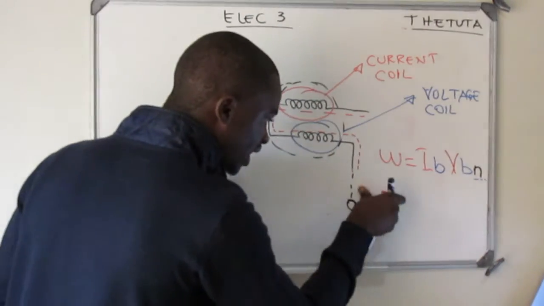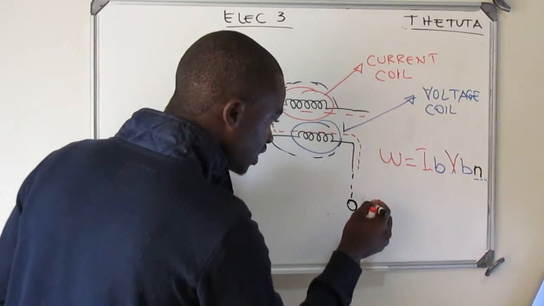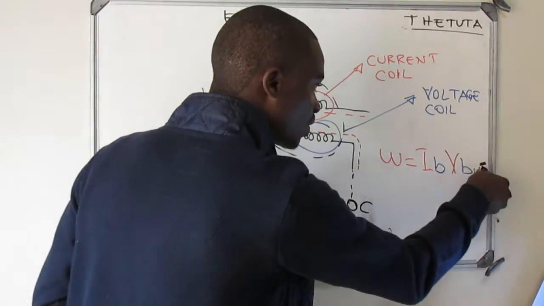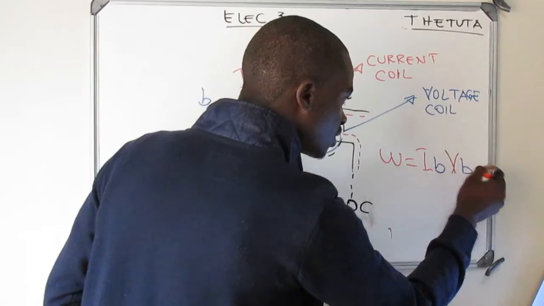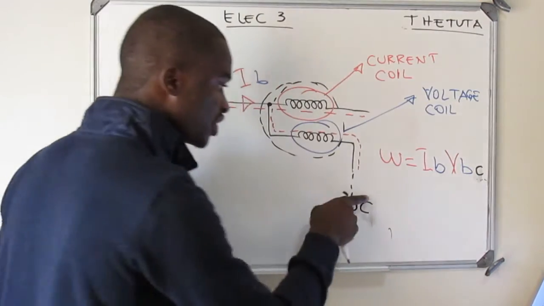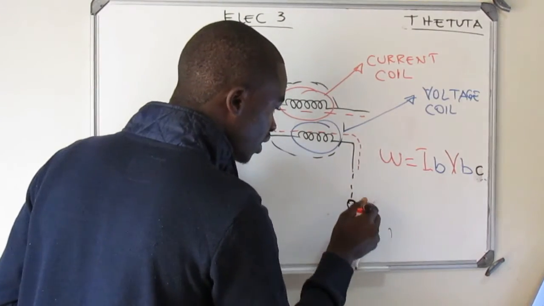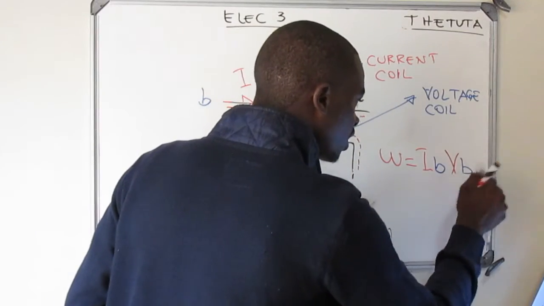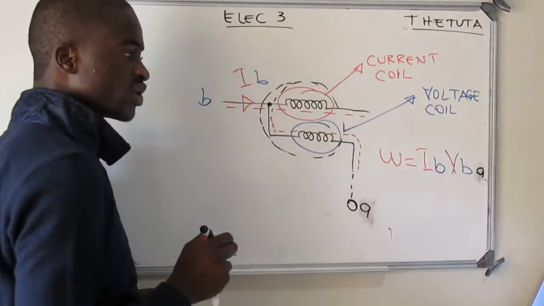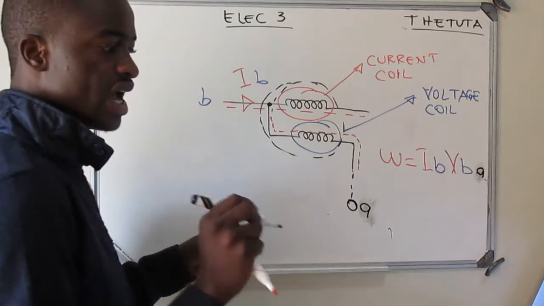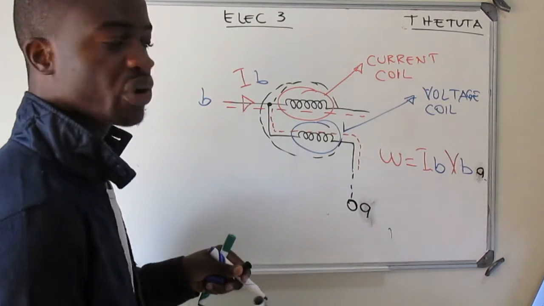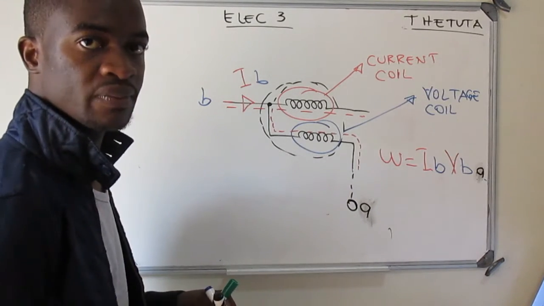If it's connected to C, then I will say C. If it's connected to A, then I will say A. The voltage measured between point B and point A, that's how we read them.